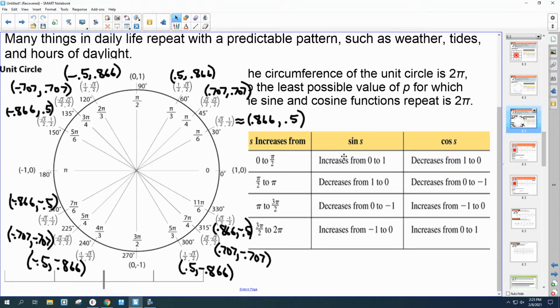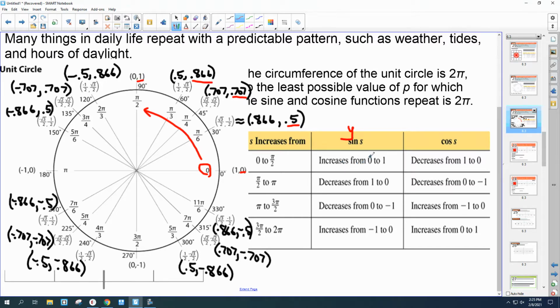Okay, so it says from 0 to pi over 2, sine increases from 0 to 1. So remember, sine goes with y. We know this from a previous chapter. If you look at the y coordinate from 0 to pi over 2, the y coordinate goes from 0 to 0.5 to 0.707 to 0.866 to 1.